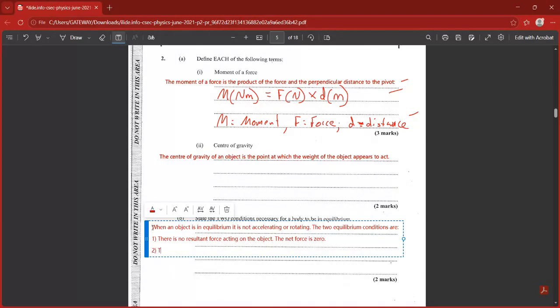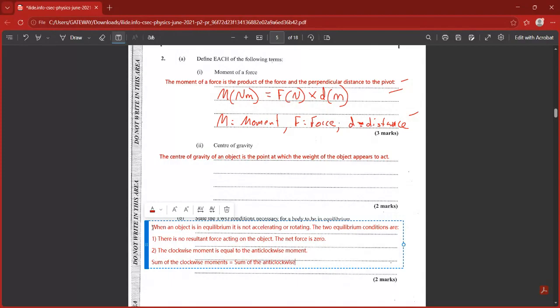The other one is the clockwise moment is equal to the anti-clockwise moment. Now there are different cases for this, right? So I would say the sum of the clockwise moments is equal to the sum of the anti-clockwise moments.